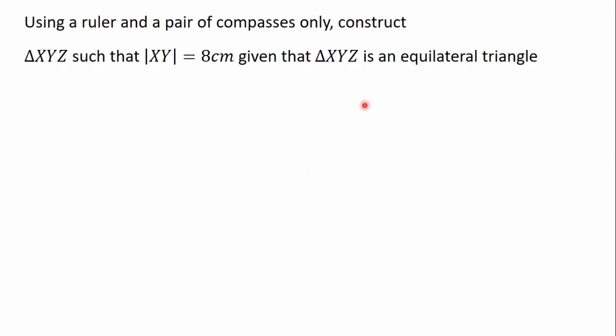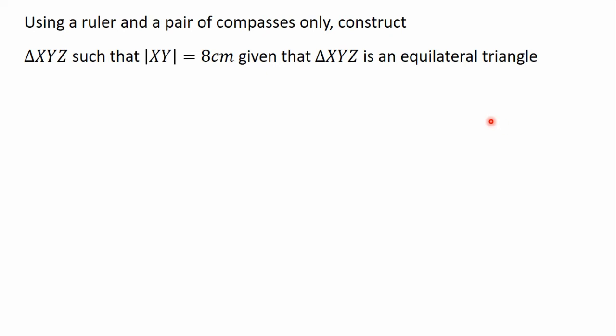The question for this video is, using a ruler and a pair of compasses only, construct triangle XYZ such that the length of the side XY is equal to 8 centimeters, given that triangle XYZ is an equilateral triangle. In the videos on mensuration, we learned that for an equilateral triangle, the length of all the sides are equal.